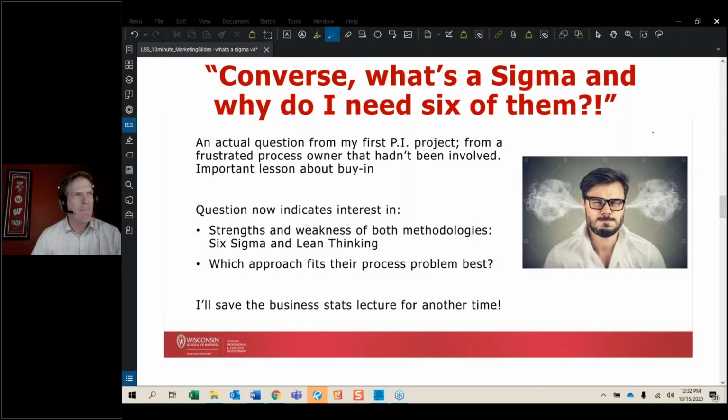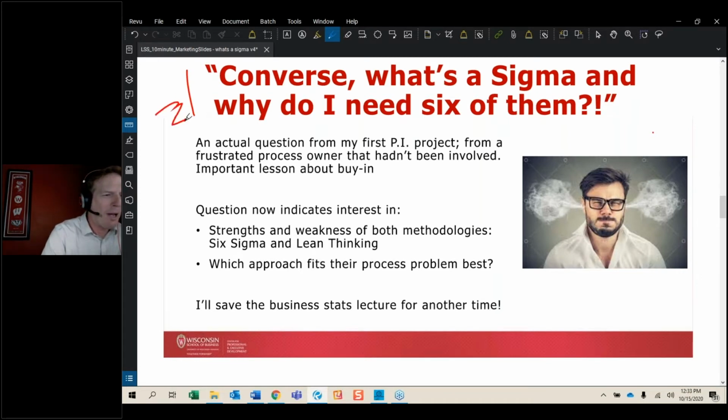We are seeing "Converse, what's a Sigma, and why do I need 6 of them?" Oh, great. So it's the whole screen. Got it. Okay, awesome. And you can see my Telestrator pen up right now? Yes, sir. All right, very good. Technical difficulties resolved. Thanks, Brooke.